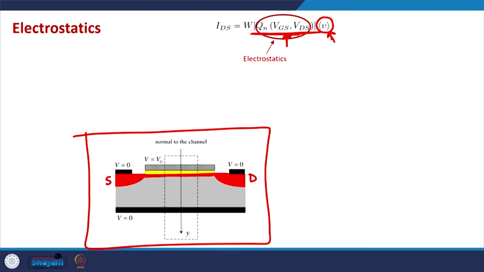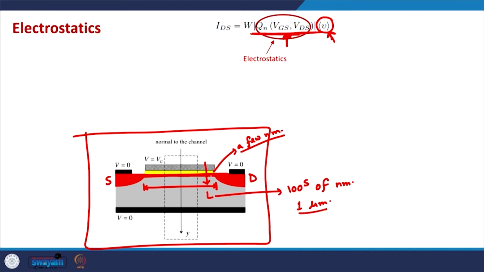In a long channel MOSFET, it can be hundreds of nanometers or sometimes 1 micrometer or so. So, this distance is of the order of hundreds of nanometers or generally of the order of 1 micrometer, and this distance, if you see, is only a few nanometers.